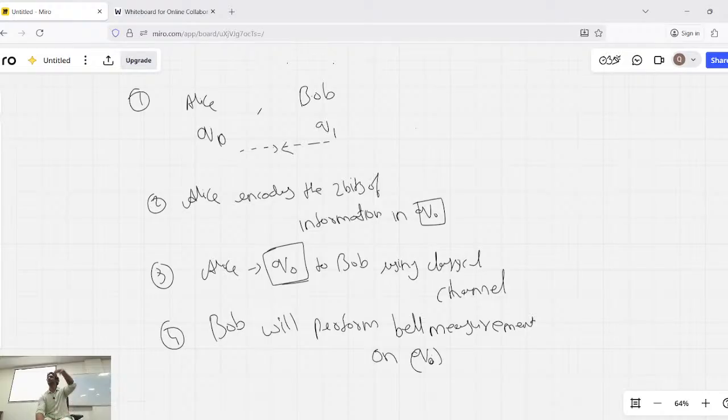Got it? By sending this one component itself, Alice is sending Bob 2 bits of information. So this is what will happen in superdense coding, simply put. Understood everyone? That is the overview. Got it? So this is the concept of superdense coding.